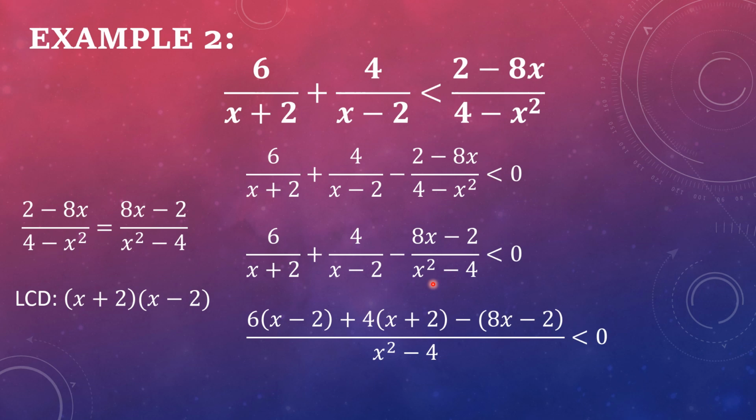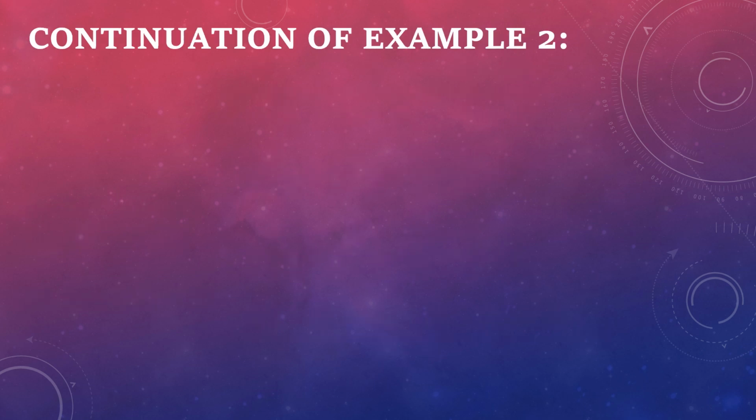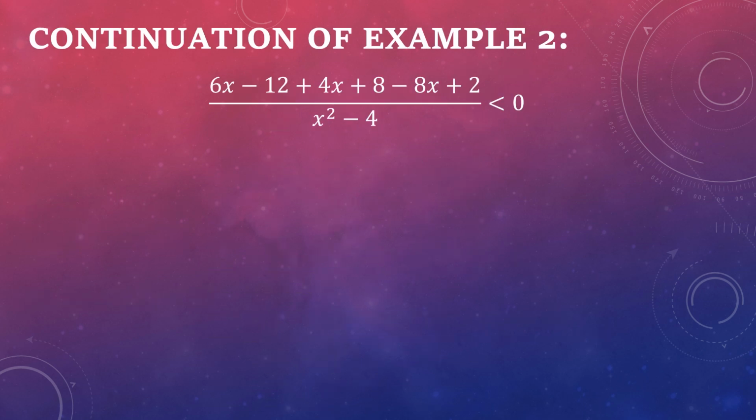So that will be equal to 1 times the numerator, 8x minus 2, over our LCD less than 0. By applying distributive property on the numerator, we have now 6x minus 12 plus 4x plus 8 minus 8x plus 2 over x squared minus 4 less than 0.